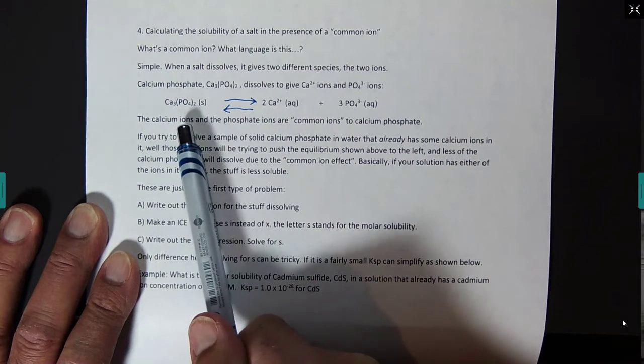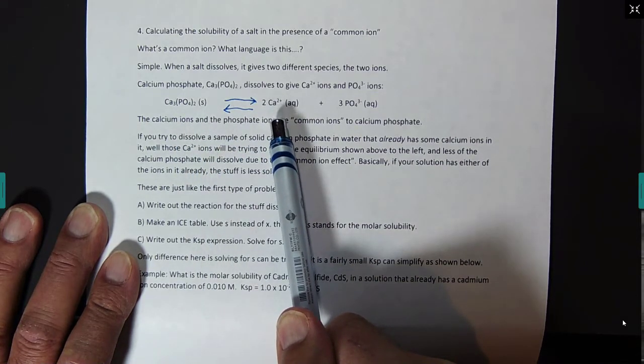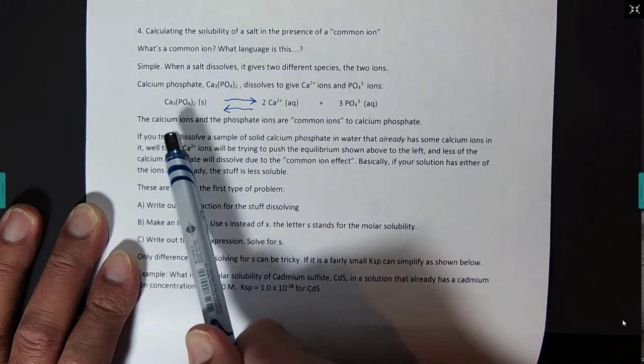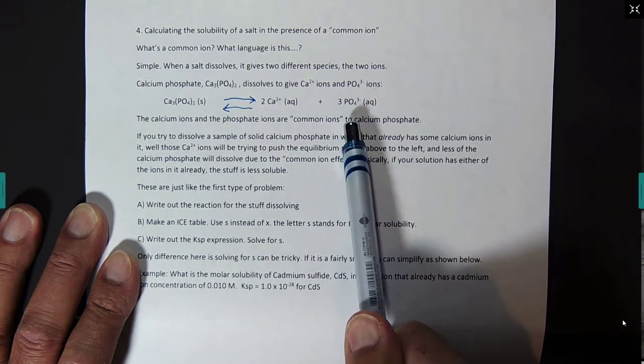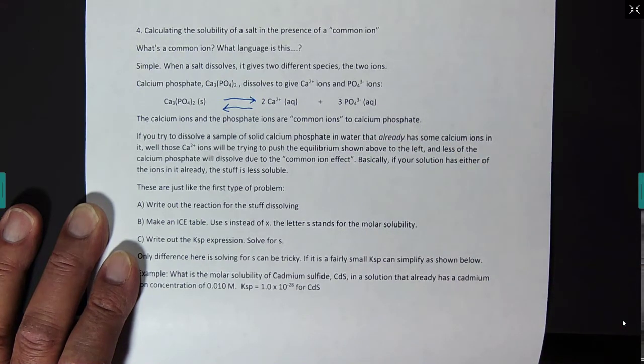So the calcium phosphate dissolves. It gives you aqueous calcium ions. And for each molecule of this, you also get 3 aqueous phosphate ions. The calcium ions and the phosphate ions are common ions to the compound calcium phosphate.